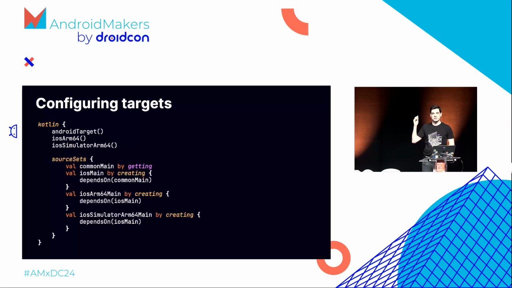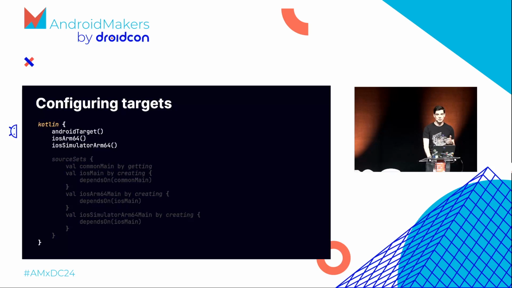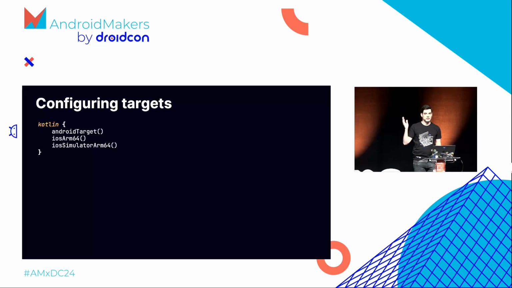For this, you would have to manually create source sets, as you can see on the slide here. You would have to set up dependencies between them, and so on. The good news is that by 1.9.20, we have done away with this. You no longer have to do that work manually. You can simply list your targets in the configuration of the Kotlin plugin, and we will create all those source sets and dependencies for you.